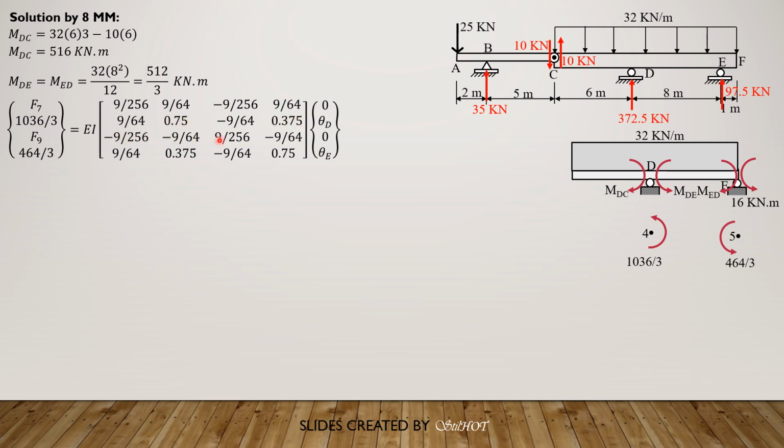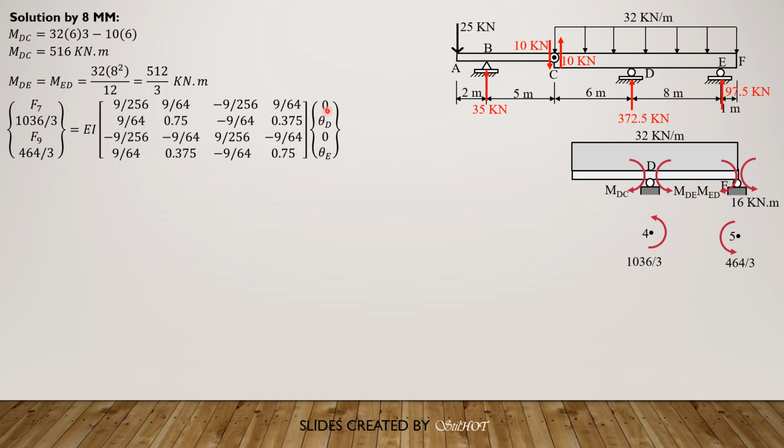Then the third row elements are the negatives of the first row elements. And the fourth row elements would be, you copy the second row elements, except that we interchange the values 0.75 and 0.375 in this manner, right? And the rest will be copied.